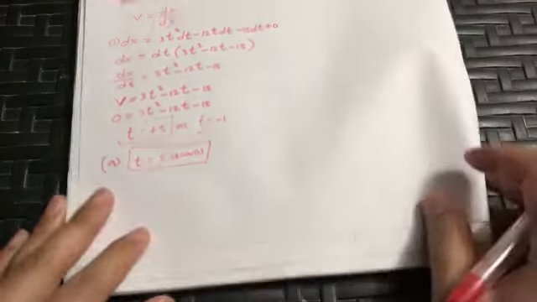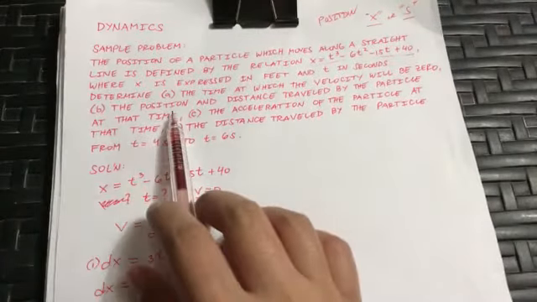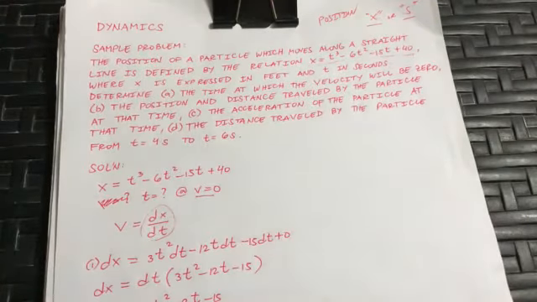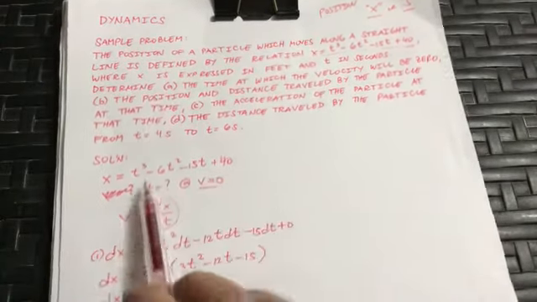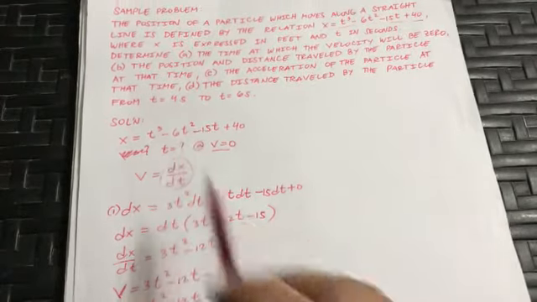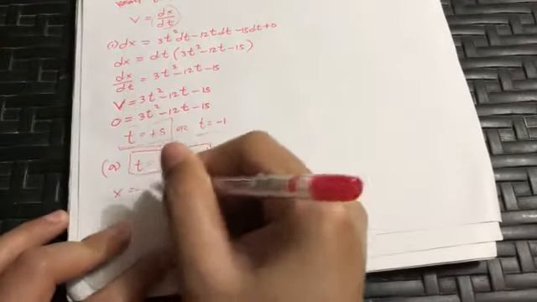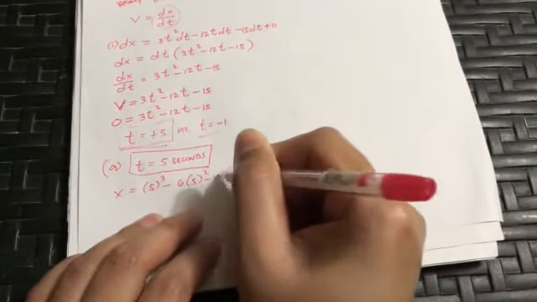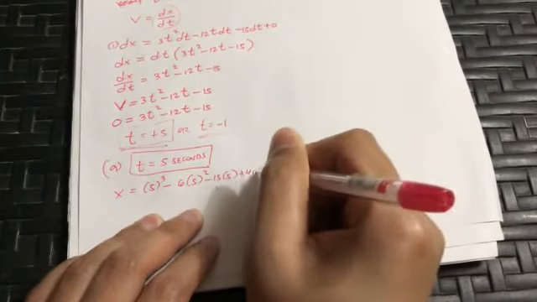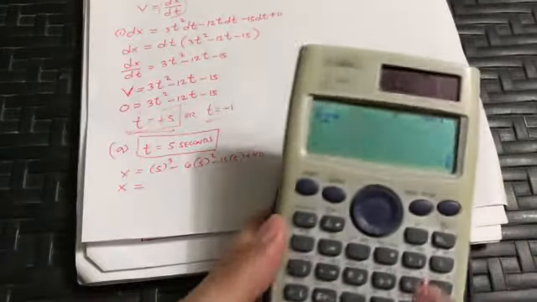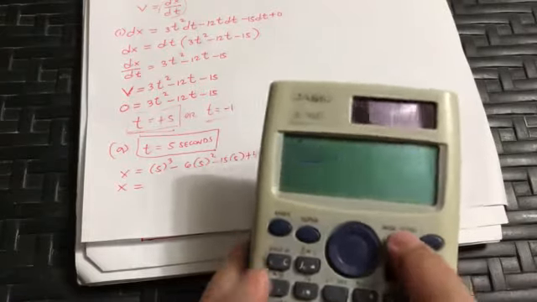Okay, we now have our first answer. The next question is the position and the distance traveled by the particle at that time. So the position will be easy since we already have the equation for the position. All we need to do is substitute the value of the time. So we have x is equal to 5 cubed minus 6 times 5 squared minus 15 times 5 plus 40. We have x is, mode 1 again.